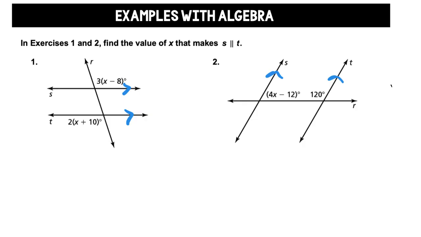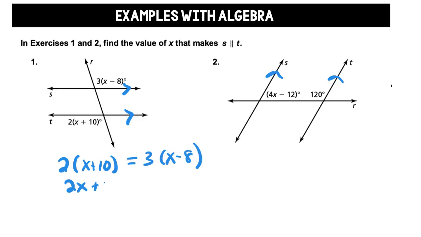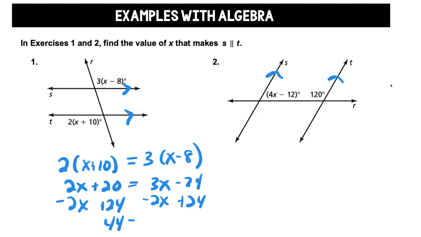So we just need to make 2(x + 10) equal to 3(x - 8) and solve. Remember, you distribute. So 2x + 20 = 3x - 24. Move your like terms so they're on the same side. So we get x to be 44 for this first example.